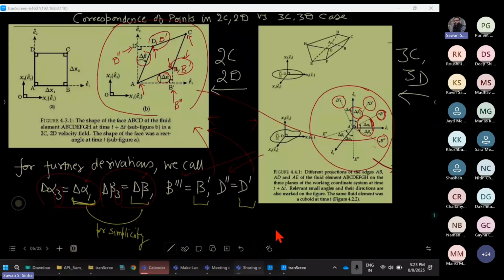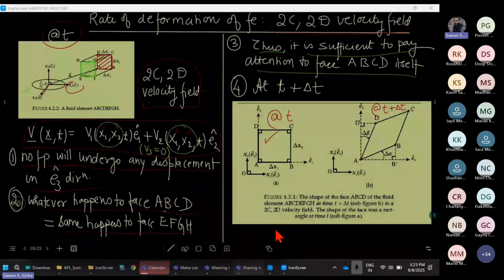I want to know the coordinates of these 4 points at time t plus delta t. To find the coordinates of these 4 points, I will need to know the local velocity of these 4 points at time t and the original coordinates of these 4 points.